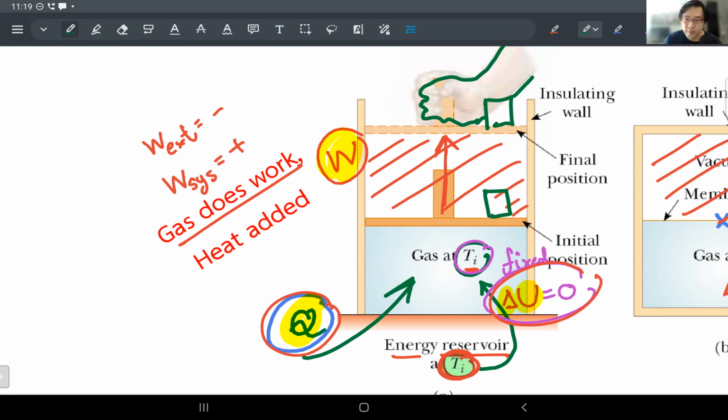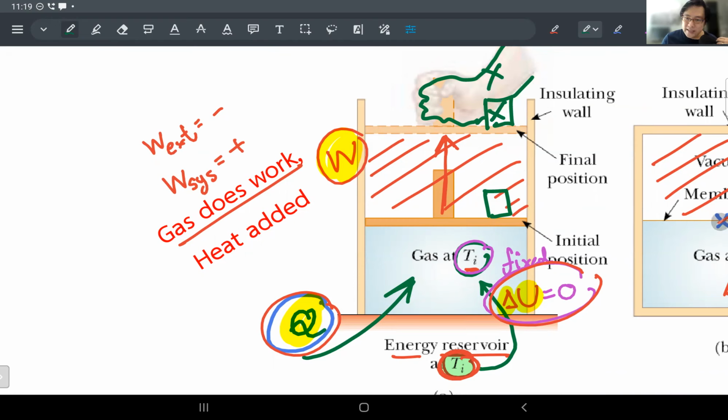It depends on the real physical setup. There are multiple ways you can do it, but what we are focusing on is just the gas, not this hand or this mass. We're not looking at that. I don't know if this answered the question.